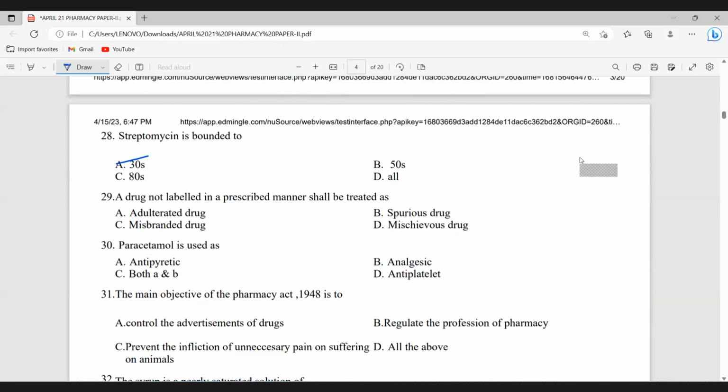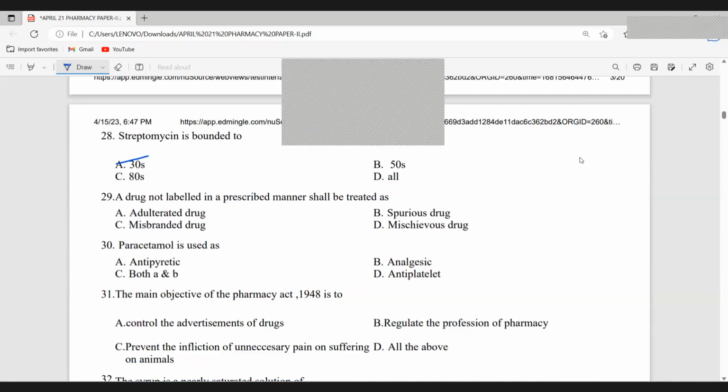It will mainly bind to 16S rRNA of 30S ribosome subunit, irreversibly.